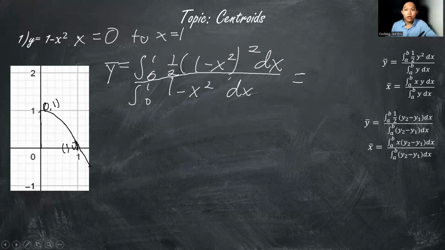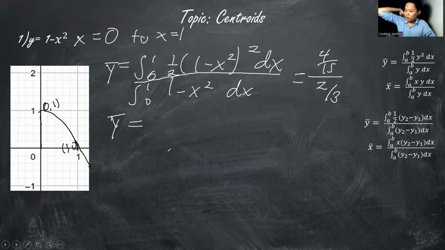Now if we solve the integrals, the integral of this is going to be 4/15, and this one is 2/3. So if we simplify, this is going to become y.